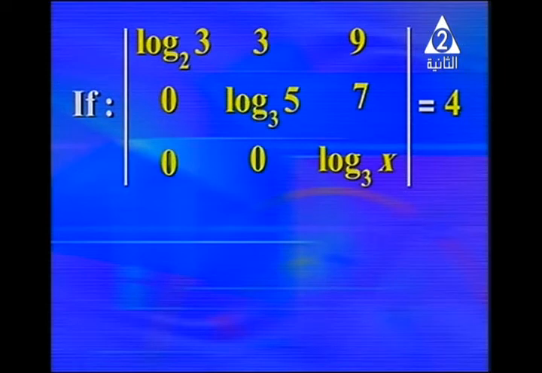The determinant equals the product of the diagonal, and the main diagonal of the determinant equals 4. What is the value of x? We know the determinant with log 3 base 2, log 5 base 3, log x base 3 equals 4. Then find the value of x.